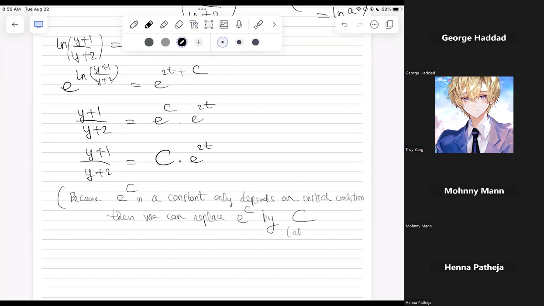C right here is also a constant that only depends on the initial condition.